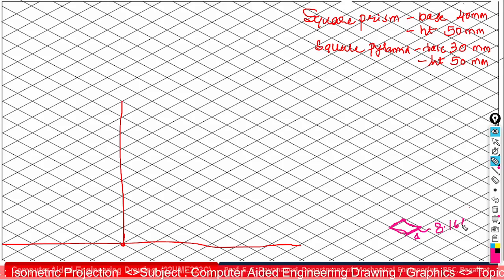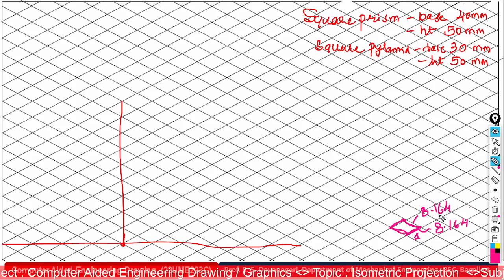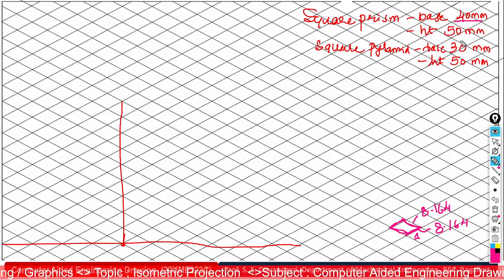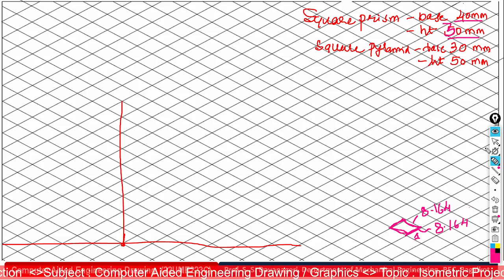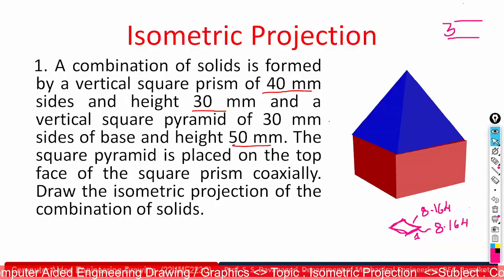You got 8.164 on this side, 8.164 on another side. You will get an exact square grid here. Now first you need to construct a square prism of base 40 and height 30. Sorry, here its height is 30.